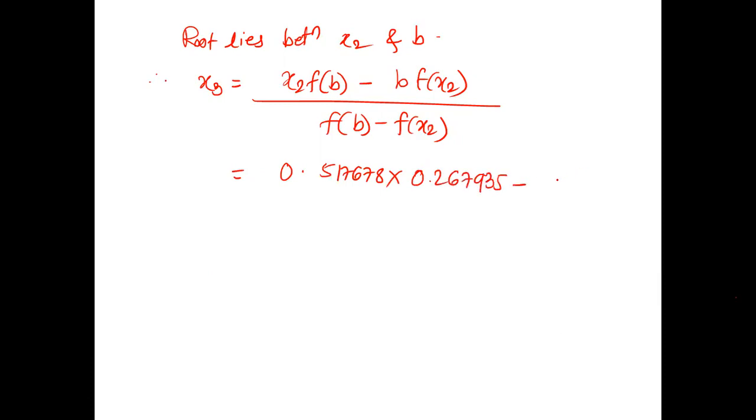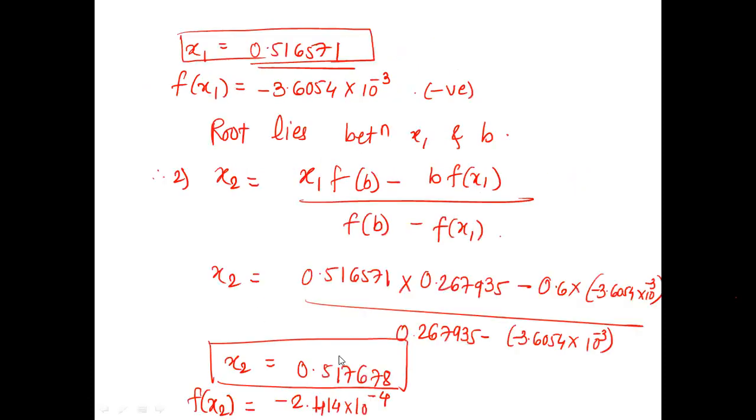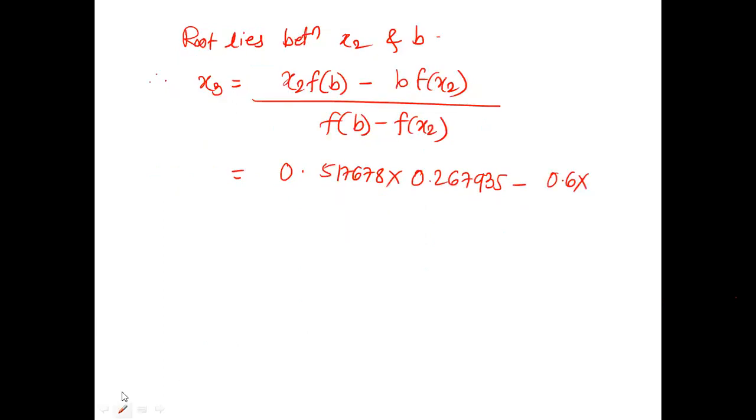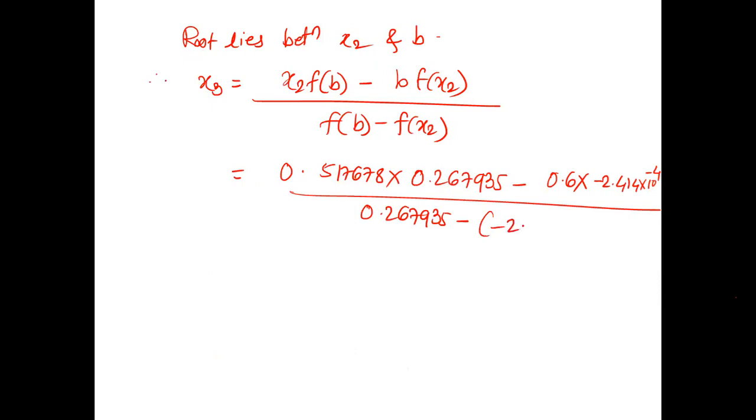B is 0.6 into f of x2. f of x2 is minus 2.414 into 10 raised to minus 4, upon f of b minus f of x2. This is f of x2, 2.414 into 10 raised to minus 4.